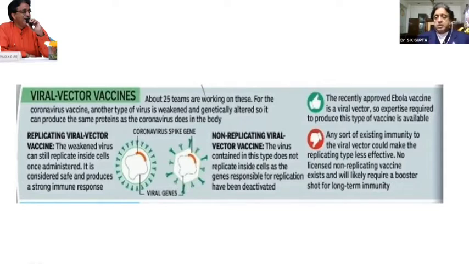The problem with these vector-based vaccines is that in case the human body already has antibodies against the vector, that is the adenovirus, then it can cause issues with these vaccines, and they might turn out to be ineffective. And that has been the reason that the Oxford-based vaccine or the China-based vaccine, which I'm going to talk about recently, have suddenly become non-popular, and they have not been found to be very effective.